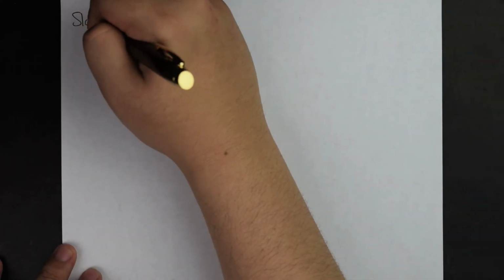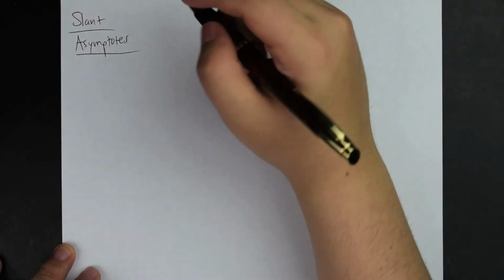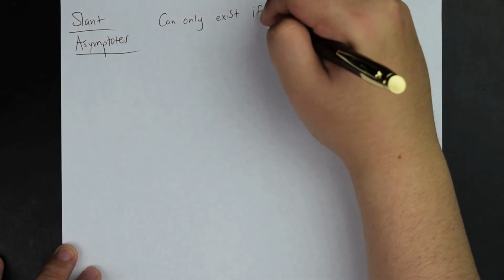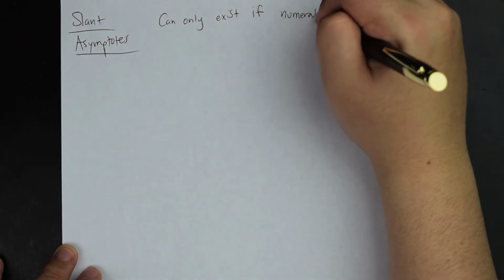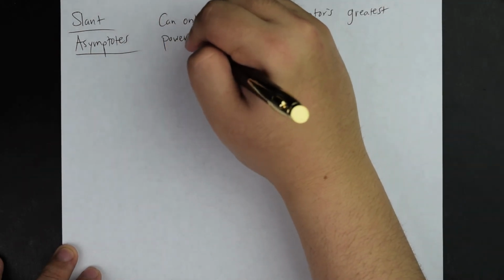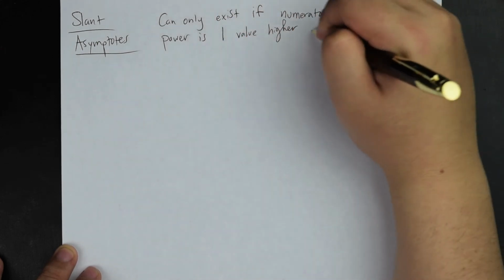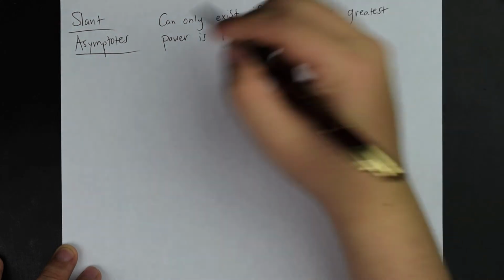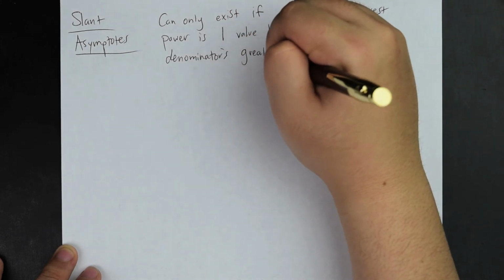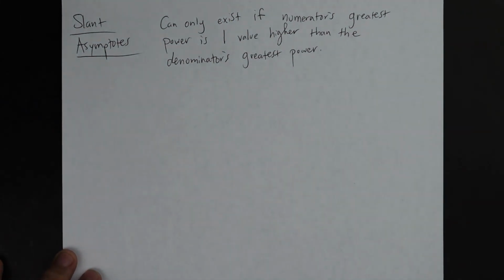Slant asymptotes can only exist if the numerator's greatest power is one value higher than the denominator's greatest power.